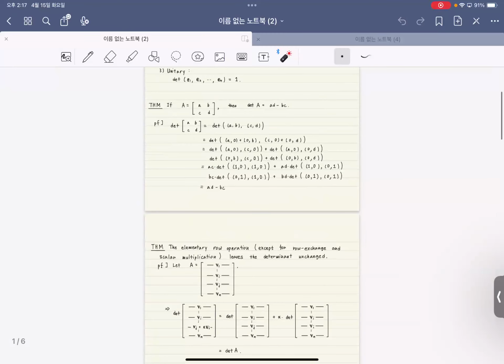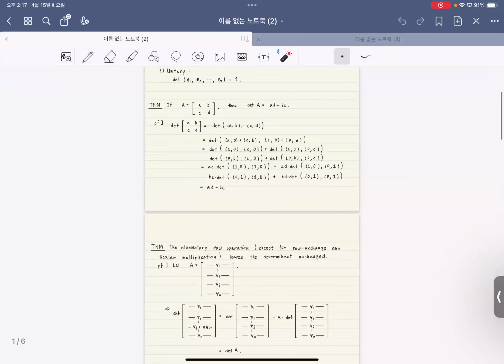The elementary row operations leave the determinant unchanged. But there is a huge exception, except for row exchange and scalar multiplication. Do you remember the elementary row operations? There are a couple of elementary operations.